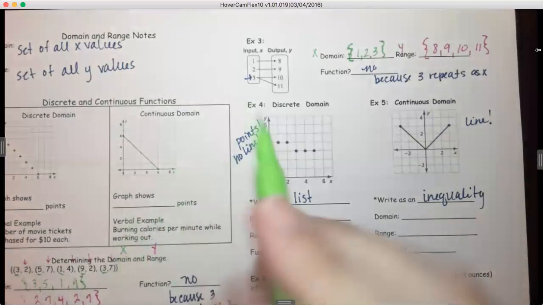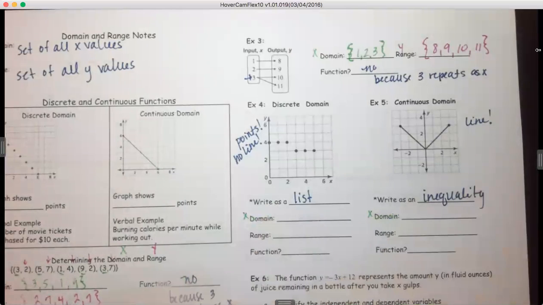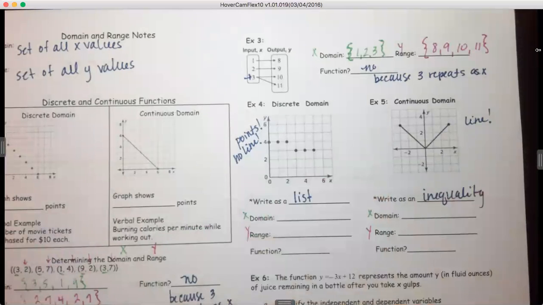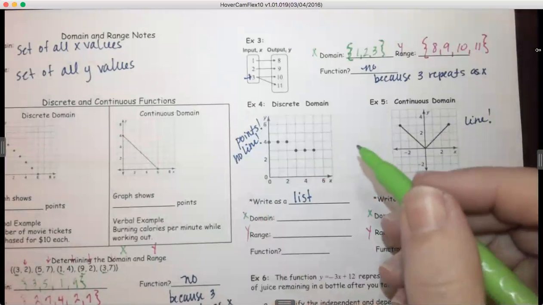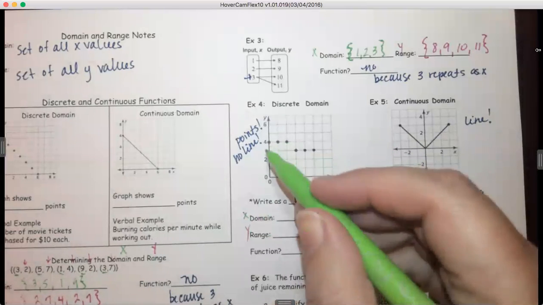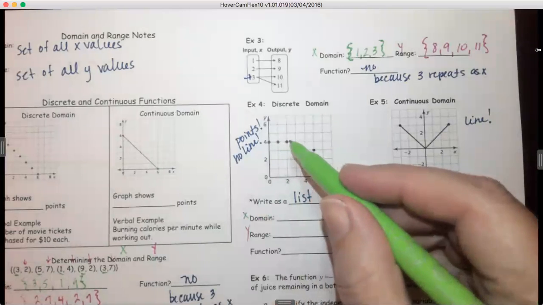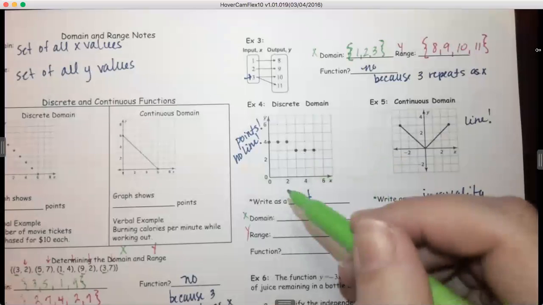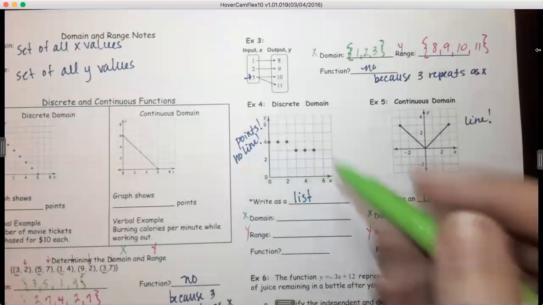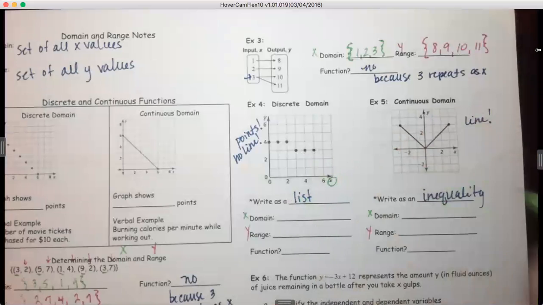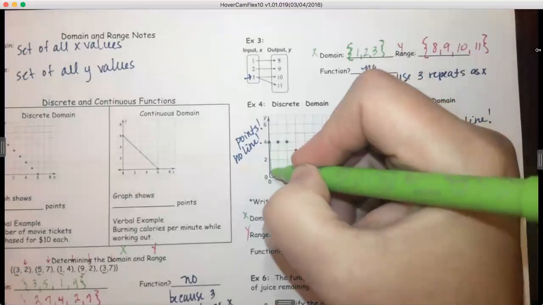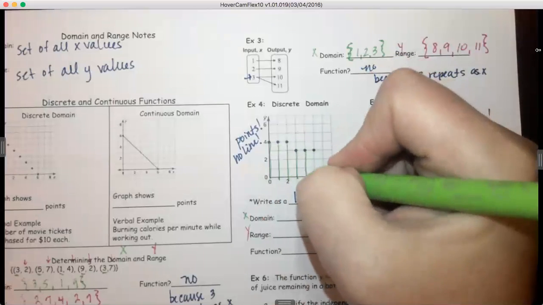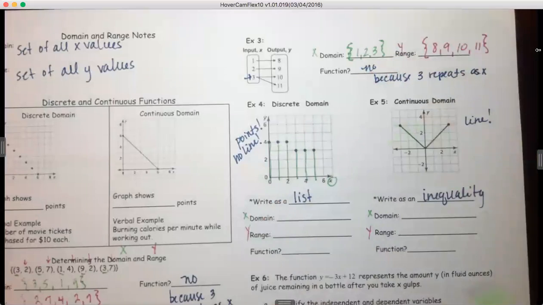Okay, so domain, range, and I'm going to do this one at a time. You can either name these points 0, 4, 1, 4, 2, 4, 3, 3, 4, 3, 5, 3, and go off of that. Here's what I do. This is my X value. I'm going to draw lines down to my X axis.